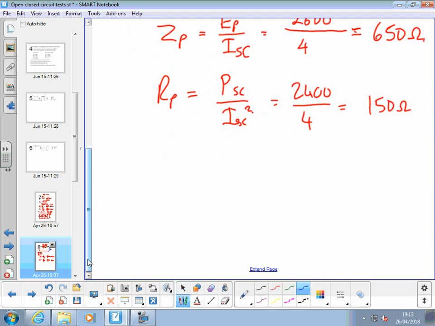So what we've got now is two legs of our impedance triangle. We've got Z and we've got R. So now we can find XP.